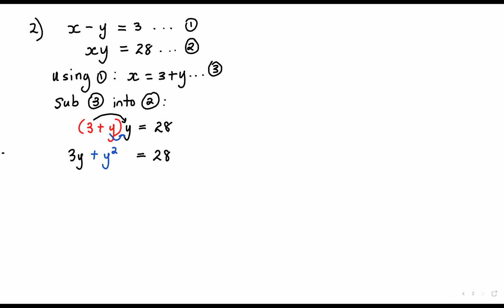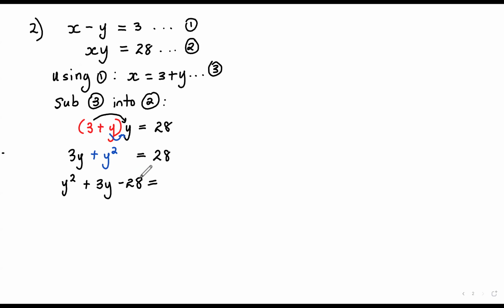However, you need all the terms on one side of the equation. So I'm going to just rewrite this side, put in y squared first, as is customary to put the highest power of y first. So that'll be y squared plus 3y. Moving 28 to the other side, so it becomes minus 28.